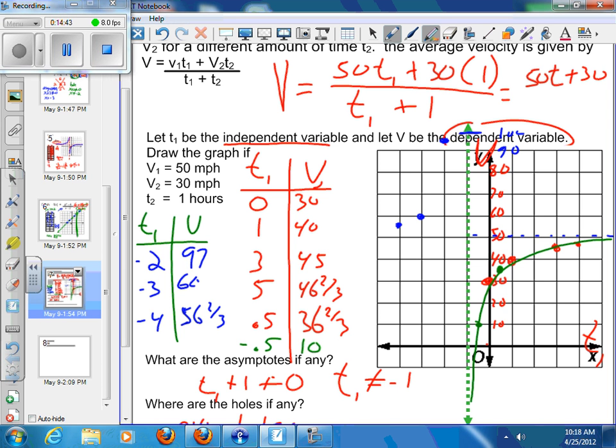And you see we're kind of shallowing out again when we get close to 50. So what happens at like negative 10? That would be 50 times negative 10 plus 30, all over negative 9. So that's negative 500 plus 30, which is negative 470.